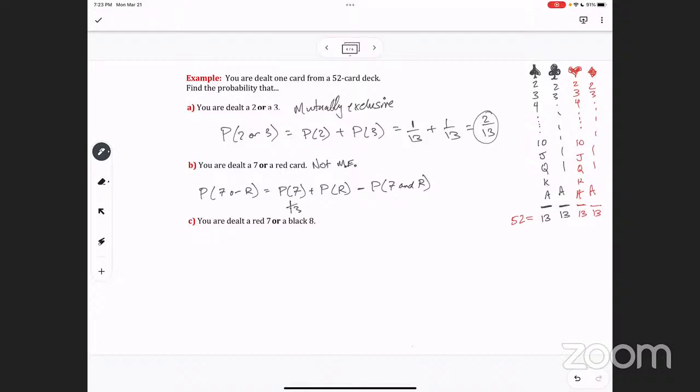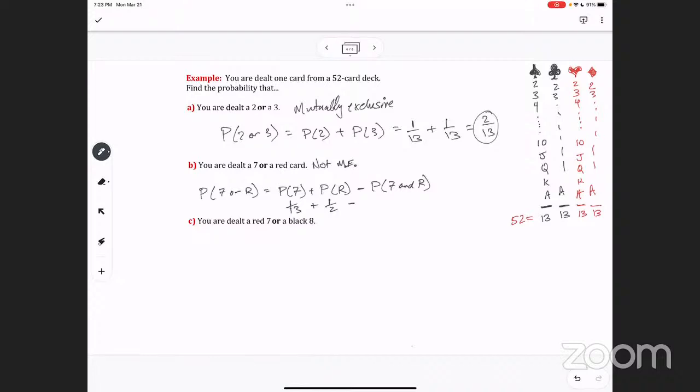Good. What's the chance I'm going to get a red? 26 out of 52. How about 1/2? That is 1/2, because half are red and half are black. You don't play poker, so you wouldn't know that. And what's the probability I'll get a 7 and a red?